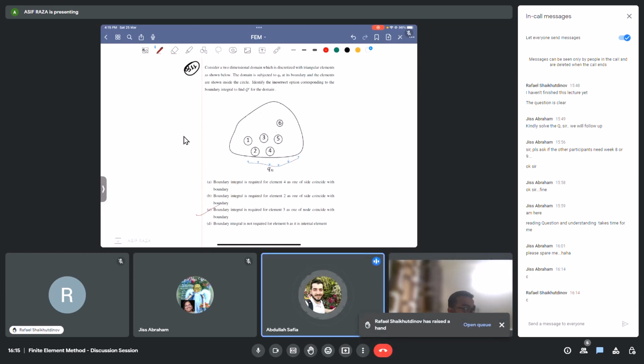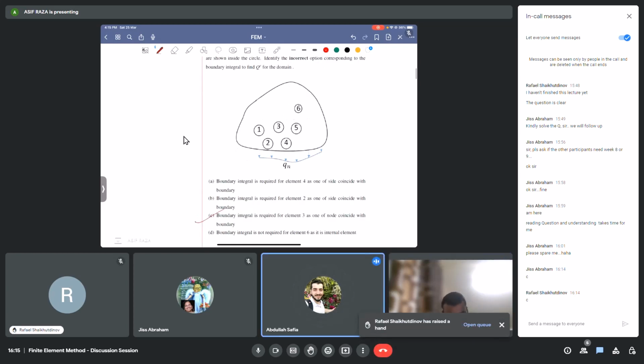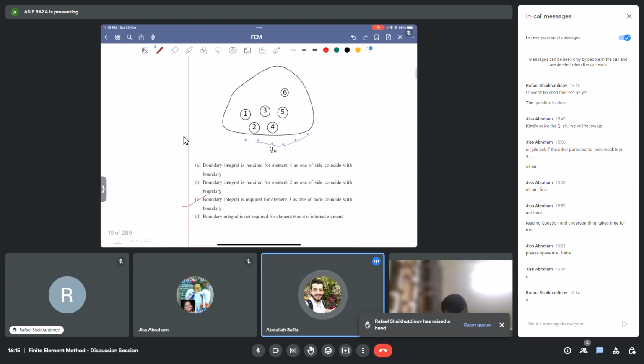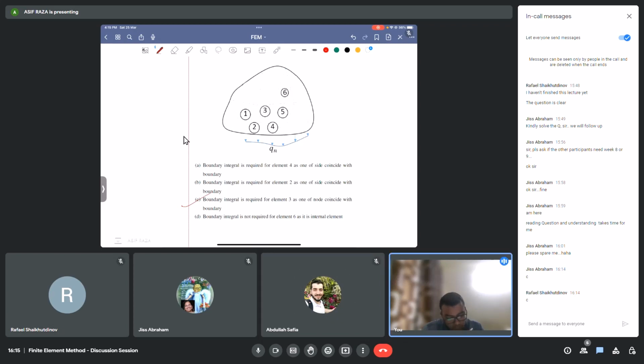Yes, it's C, because element number 3 does not have any side on the boundary or the applied flux Qn. What about elements 1, 2, 4, 5, 6? You can say everything about the other elements. Only 2 and 4 need it, others don't.